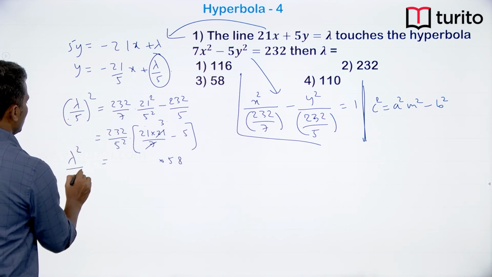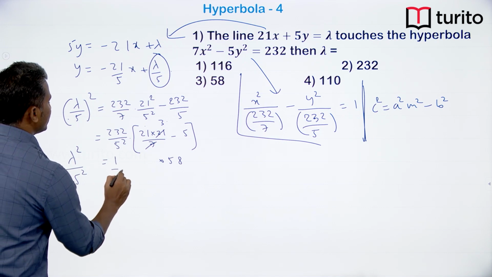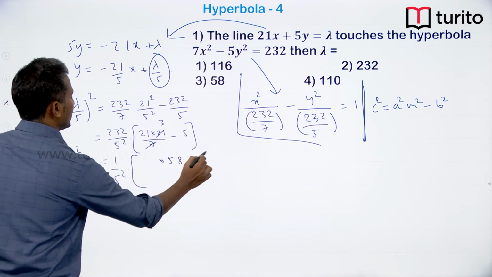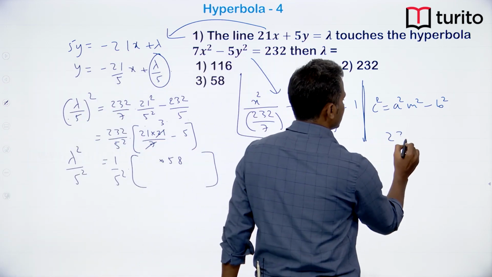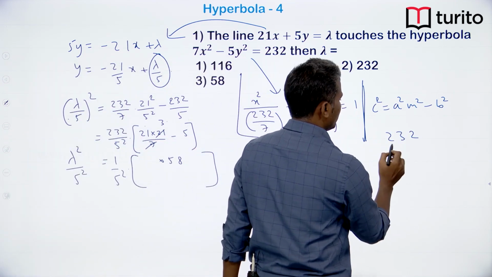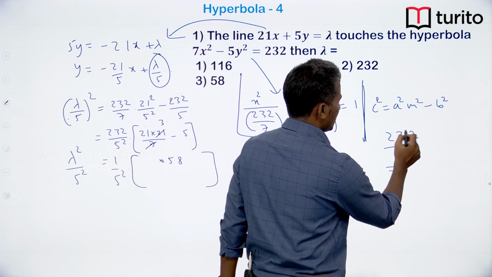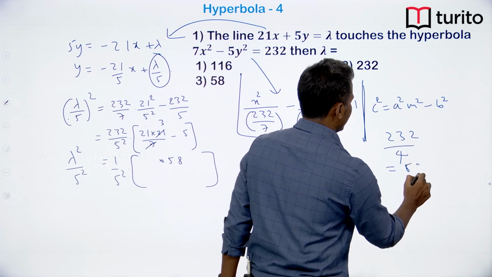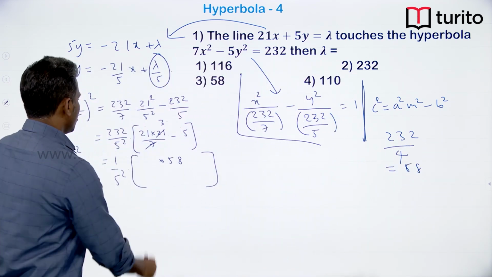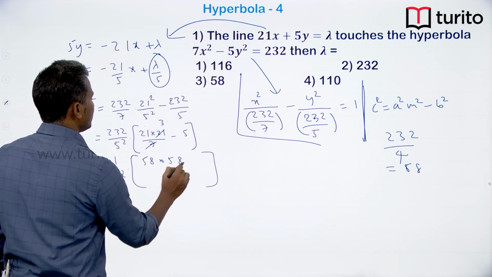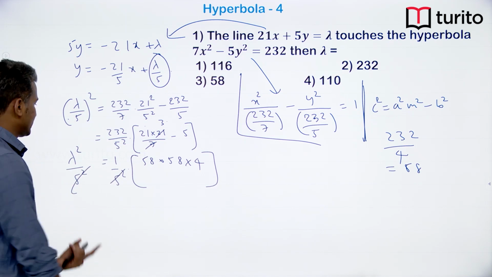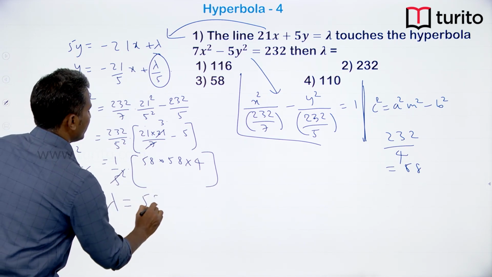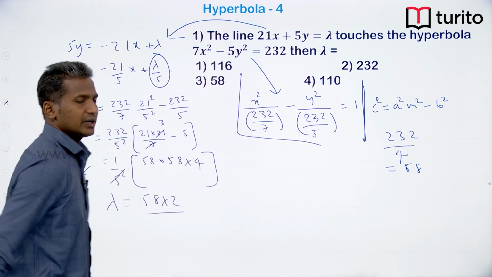So, I will not simplify this 1 by 5 square, but I will simplify this 232. 232 can be written like this. Let us say if I divide this with 4, I get something like 58. Very nice. So, here we can write this as 58 into 58 into 4. So, 5 square is getting cancelled, I can write lambda as 58 into 2, that is the square root.